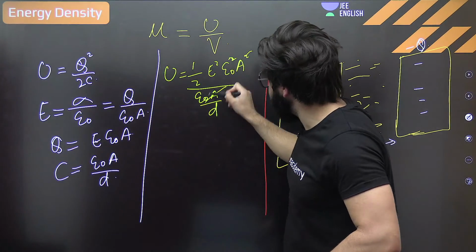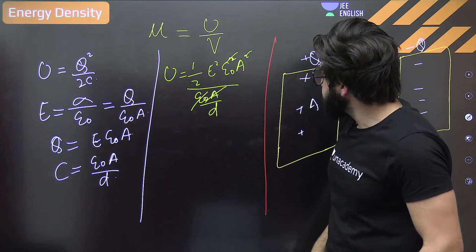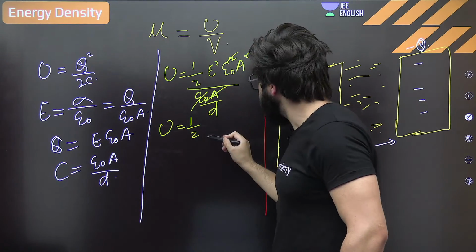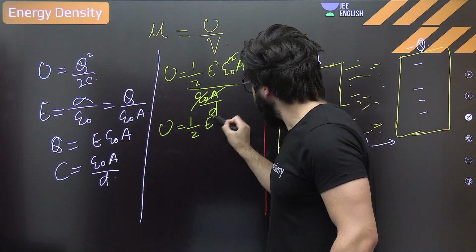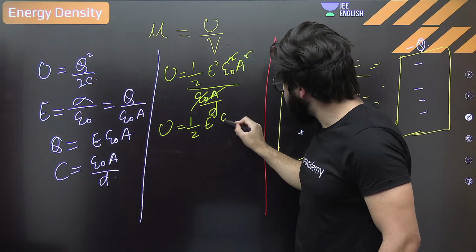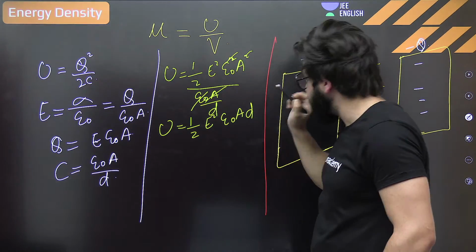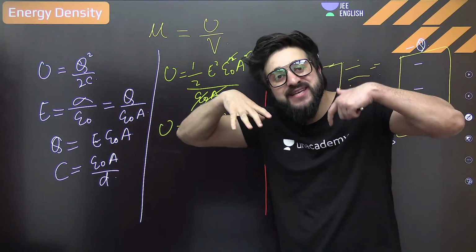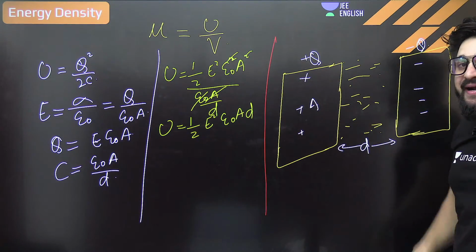So this will cancel. U will come out to be 1 by 2 E square epsilon naught A D. So we got this energy, the potential energy stored in this parallel plate capacitor.